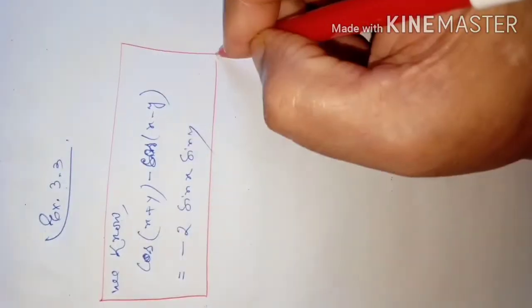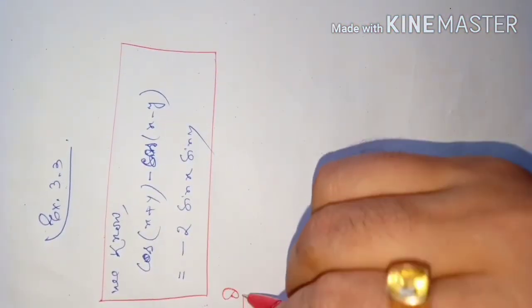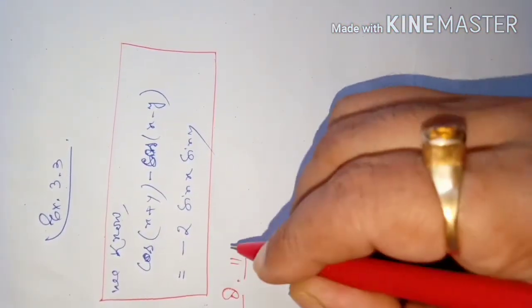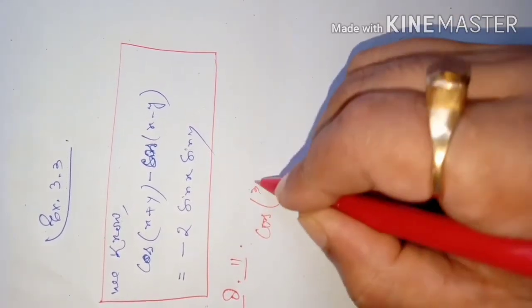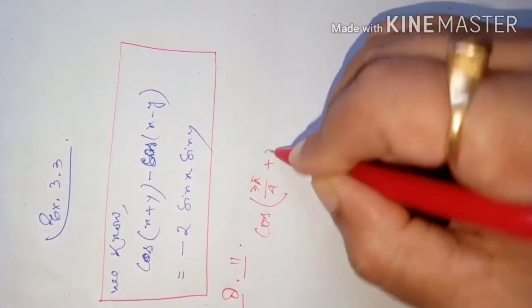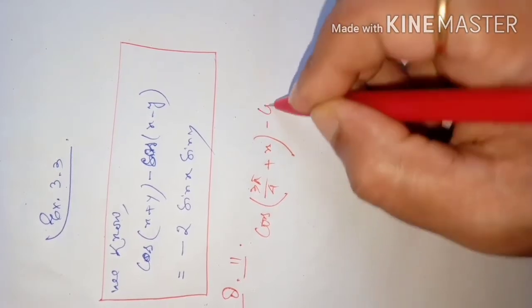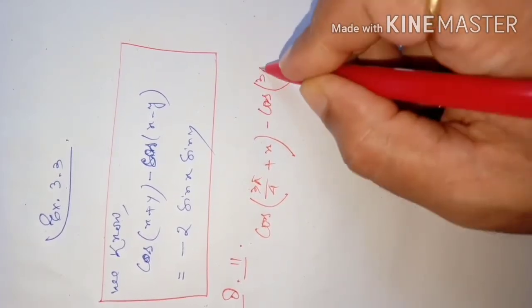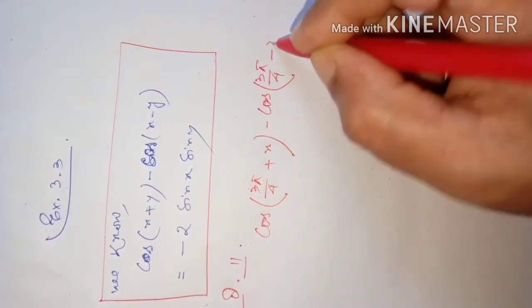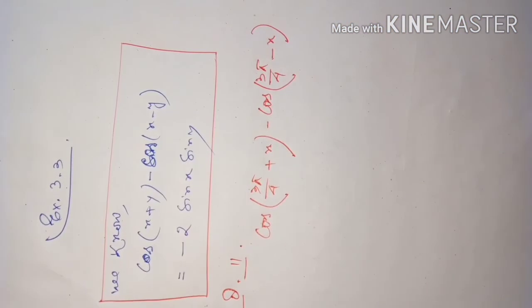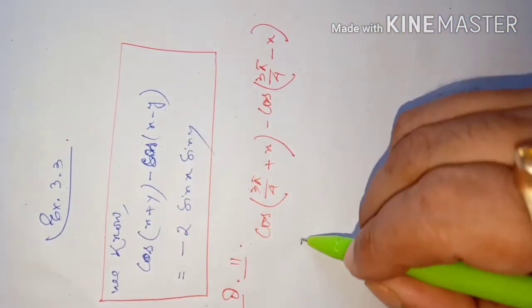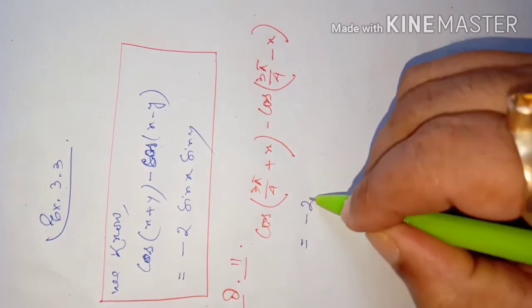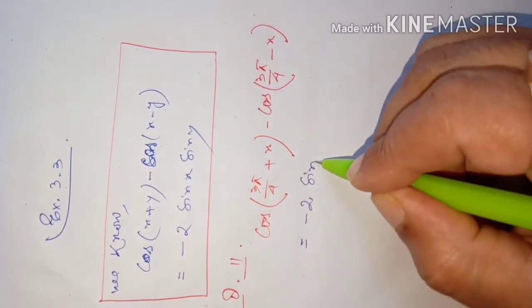So dear students, let us take the question now, question number 11. The question says cos of 3 pi by 4 plus x minus cos of 3 pi by 4 minus x. Then if we apply this identity, cos of x plus y minus cos of x minus y, using that identity you can say minus 2 times sin of x.